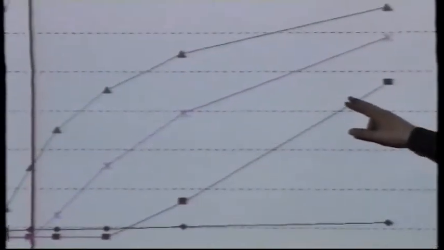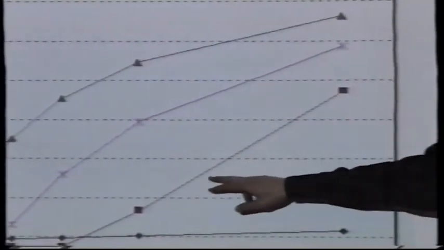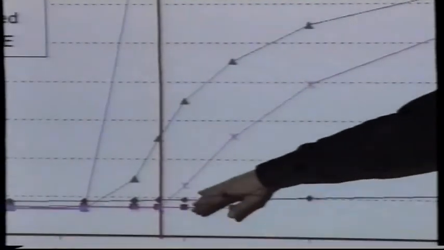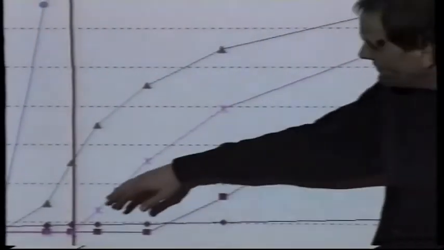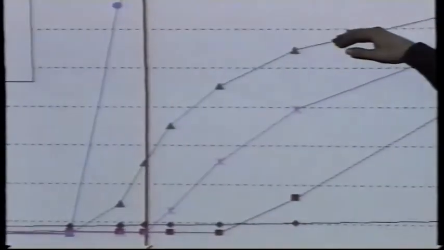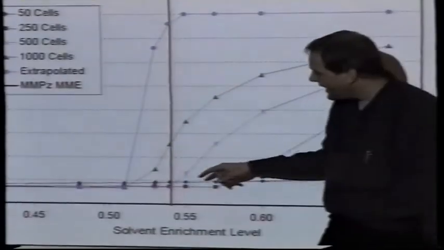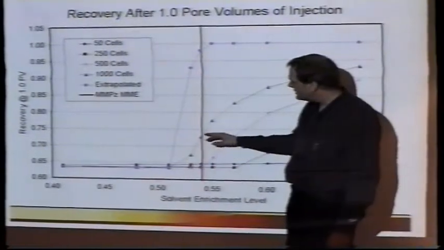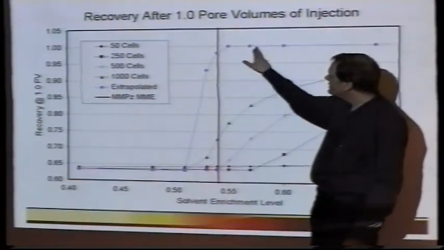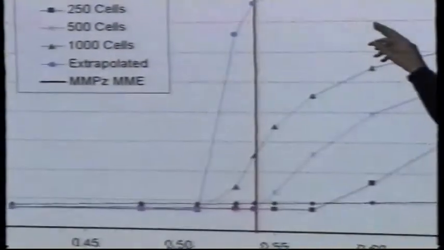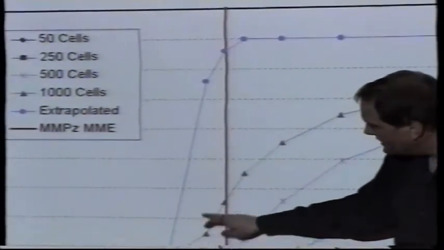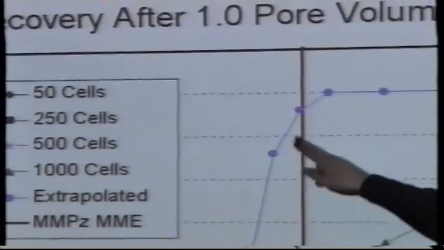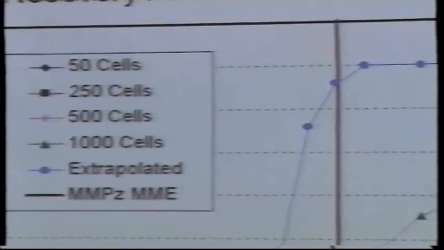Now you start to get an increase in recovery if you go to 250 cells, and more if you go to 500, and more at 1,000. And the best guess for the extrapolation to an infinite number of cells is this curve here. And you barely have enough cells to extrapolate to infinity.